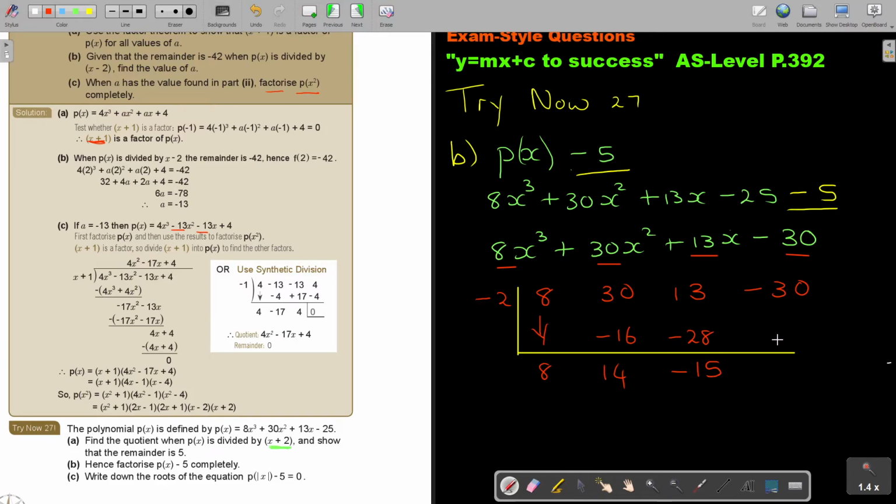And then I multiply and I get 30. And because it's a factor now, this is x and this is x squared. So basically I'm sitting with, where is my x plus 2? Remember, not minus 2, plus 2. And I'm sitting with 8x squared plus 14x minus 15.